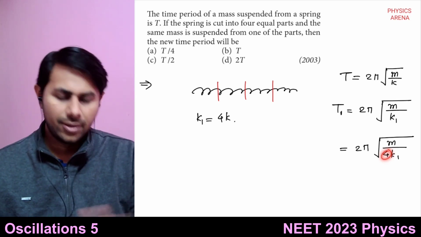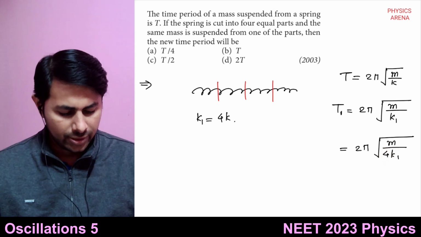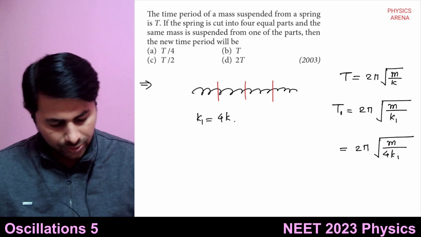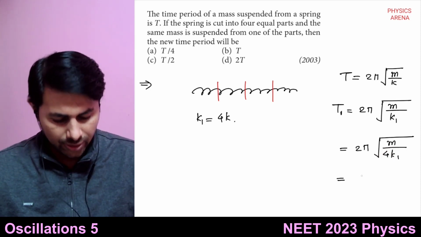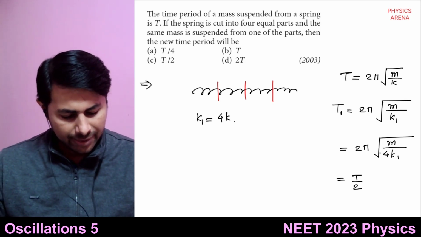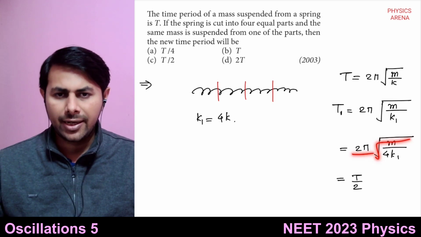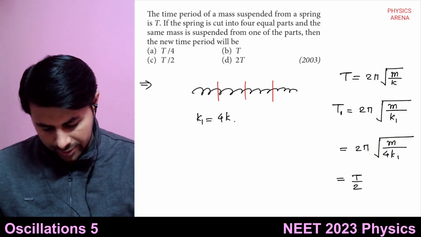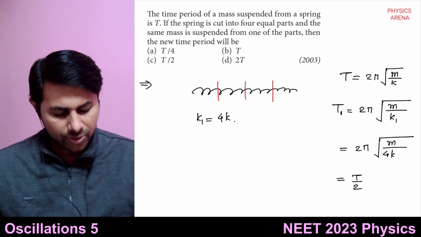You can take the root of 4, that's 2, so you get 1 by 2 of T, or T by 2, right? 1 by 2 multiplied by 2 pi root of m by K. Sorry, I wrote 4K1, it's 4K.